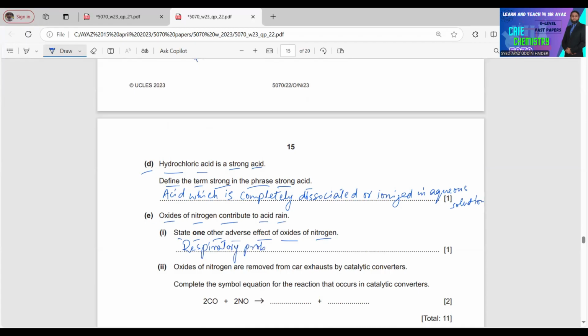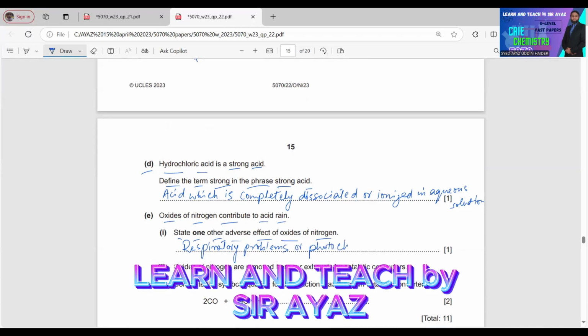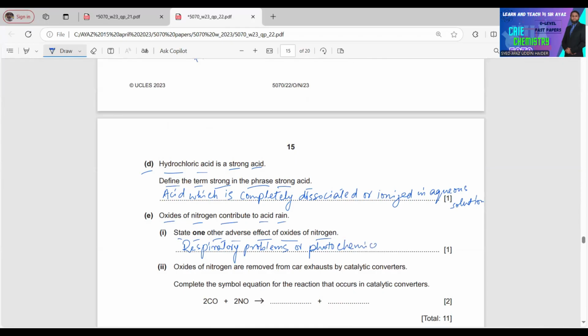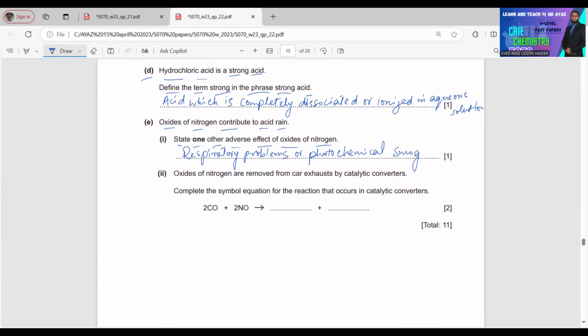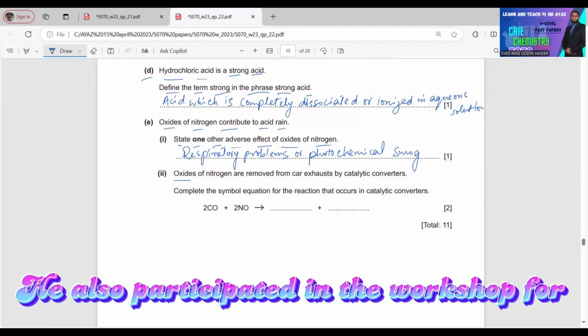You can even write photochemical smog. That is when it's reacting with the dust particles in the air, and when light falls on it, it becomes photochemical smog.